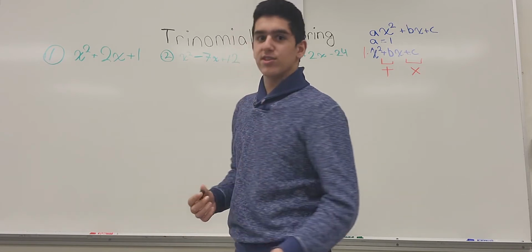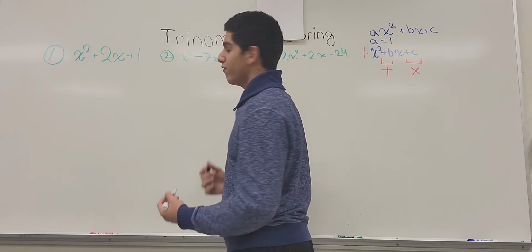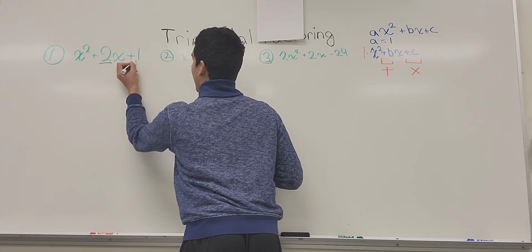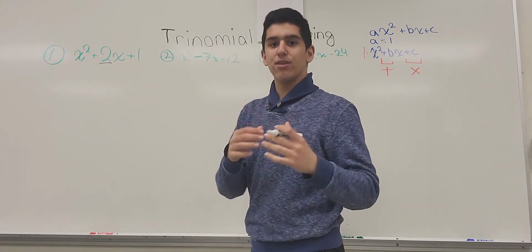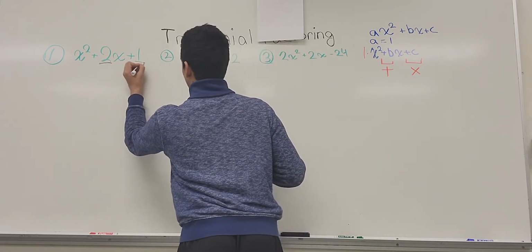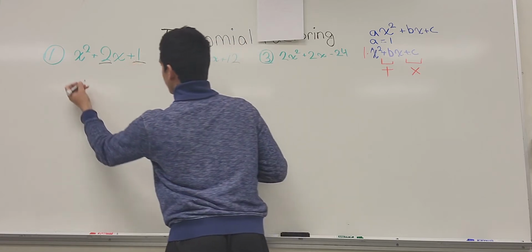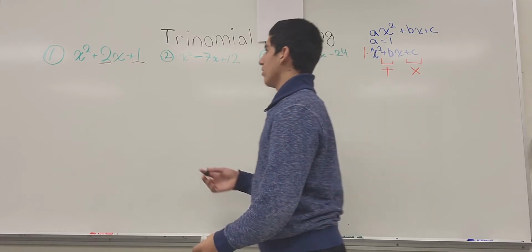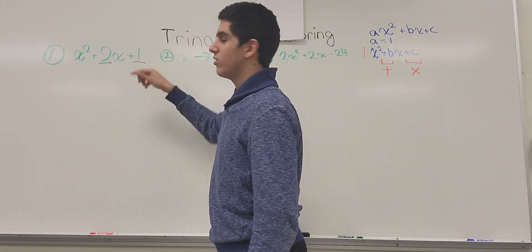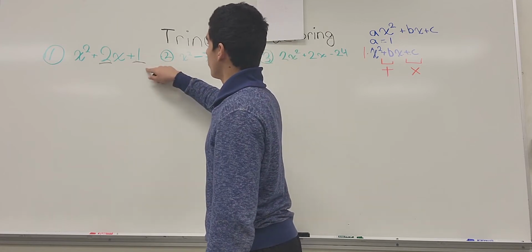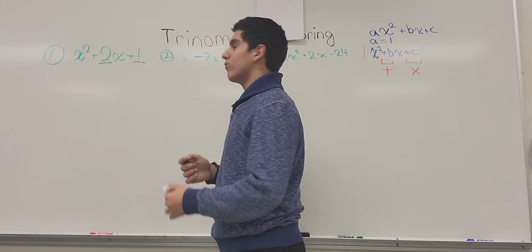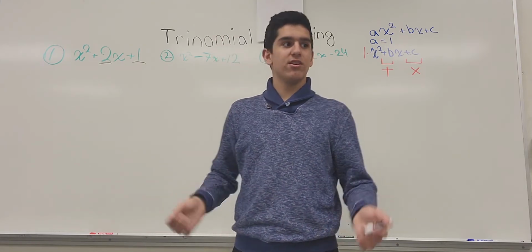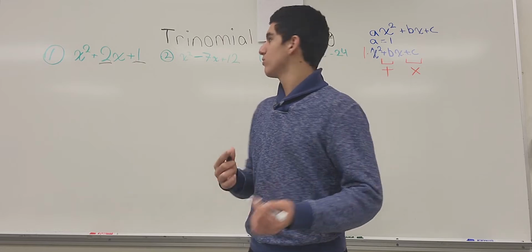Now, as mentioned previously, the rule is that we want to find 2 numbers that add up to 2, and that when times together equal 1. So we say to ourselves, what 2 numbers times to equal 1 and add up to equal 2? Well, the answer to that will be 1 and 1. So we have 1 plus 1 is equal to 2, and 1 times 1 is equal to 1.